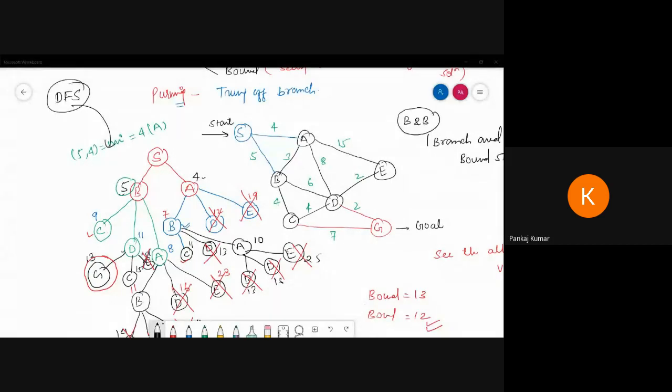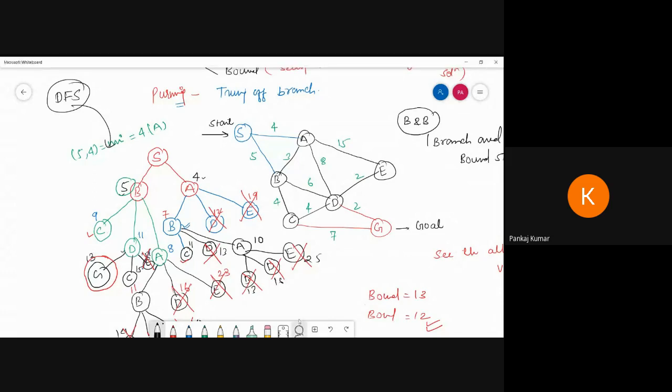So for your exam purpose, we focus on the first unit, that means intro, then A star, AO star, then history of AI, then branch and bound, then DFS and BFS, questions of this type.